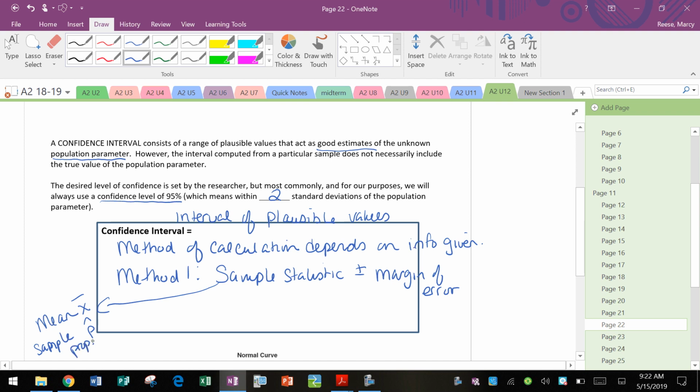So they may give you a mean, they may give you a p-hat, and then they'll give you a margin of error, and then you've got to find your confidence interval from there, which we will do. Method 2 is where you use your center, your center of data, your center of distribution. So in a lot of cases, it's your mean, and you add or subtract 2 standard deviations from that. So I'll put center of distribution so you understand what we mean by that, because we've looked at some of those already.